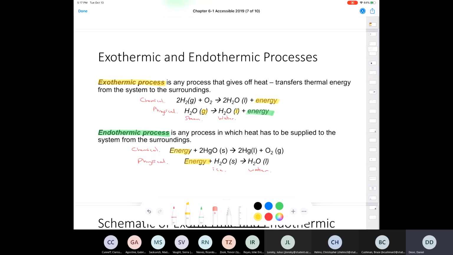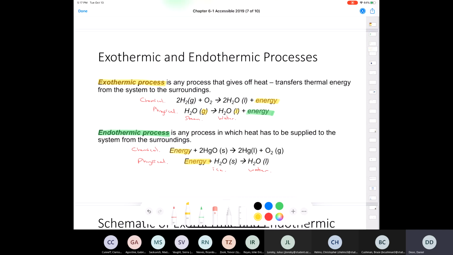Why? Because the ice is actually taking heat from your body, and it's using that heat. It's transferring that thermal energy from your body into the ice cube, into the crystal lattice of the ice, in order to melt it into liquid water. So a phase change, a physical process. So, exothermic processes and endothermic processes.